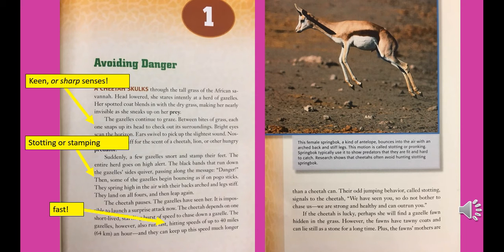The cheetah depends on one short-lived, startling burst of speed to chase down a gazelle. The gazelles, however, also run fast, hitting speeds of up to 40 miles an hour, and they can keep up this speed much longer than a cheetah can. Their odd jumping behavior, called stotting, signals to the cheetah, "We have seen you, so do not bother to chase us. We are strong and healthy and can outrun you."